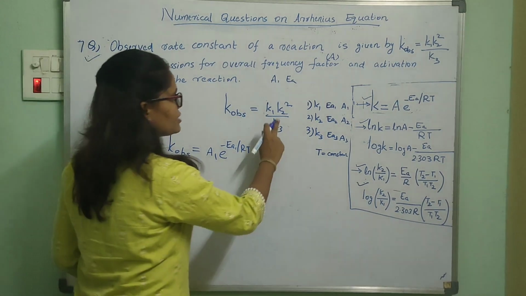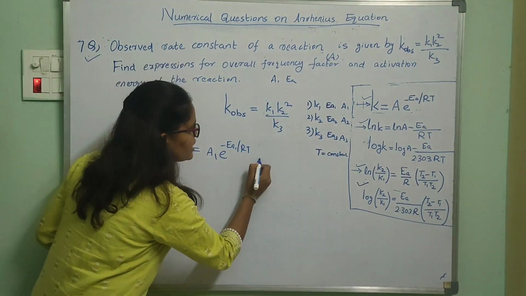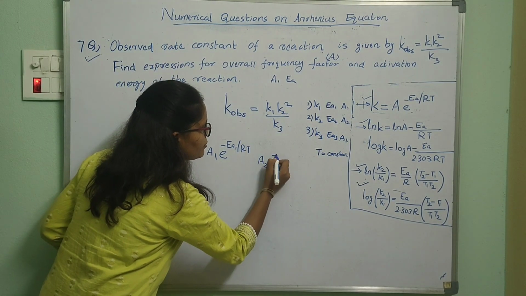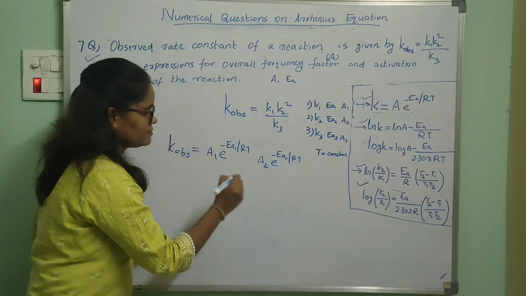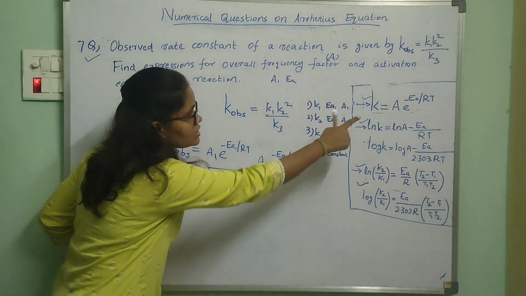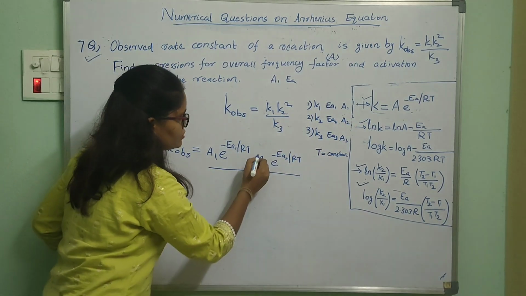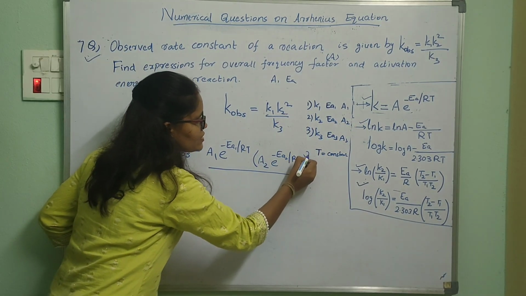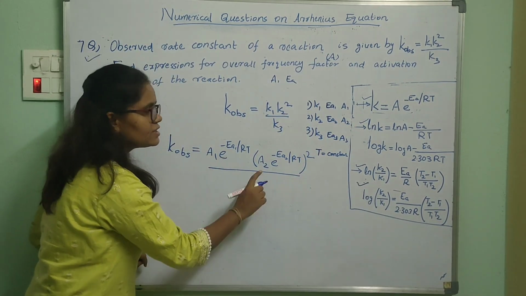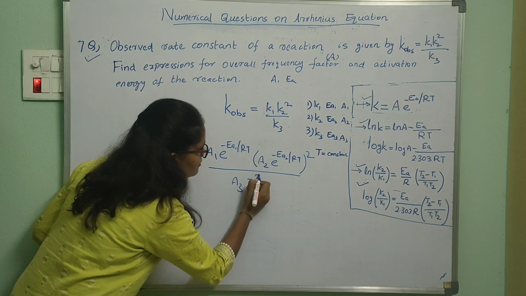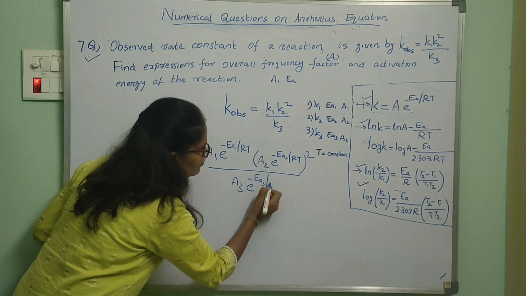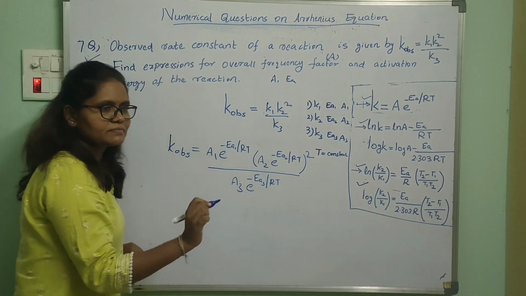In the place of K2, I can write A2 into e power minus EA2 over RT, and here there is a square of K2, so we'll square this term. And in the place of K3, we can write A3 into e power minus EA3 over RT.